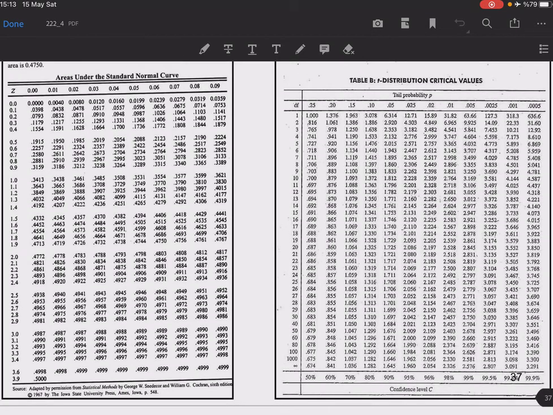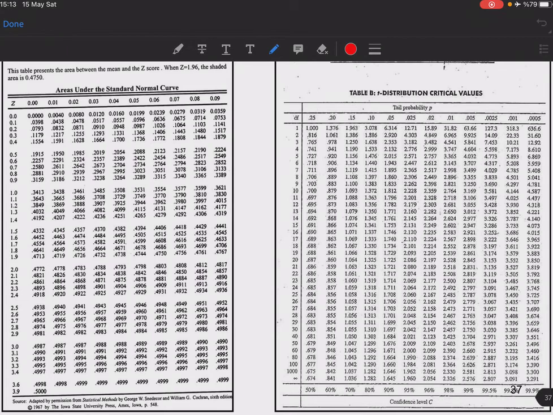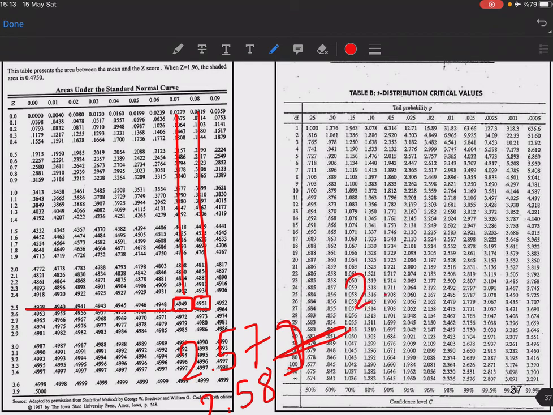So what I'm curious about is 0.495. Where is 0.495? It should be between here, right? I think I spotted it. It should be exactly between these two values, 2.570 and 2.580, just at the middle of it, so it should be 2.575, right?